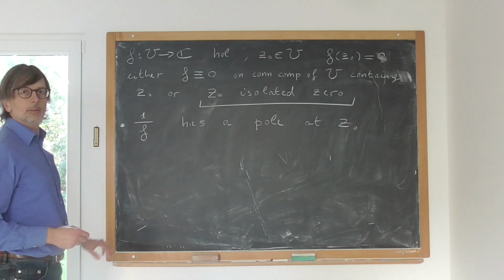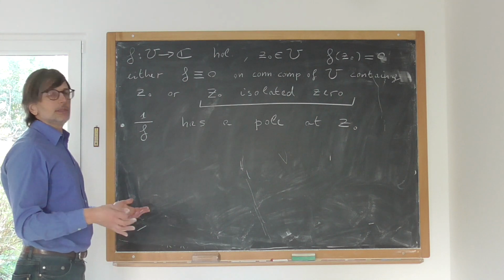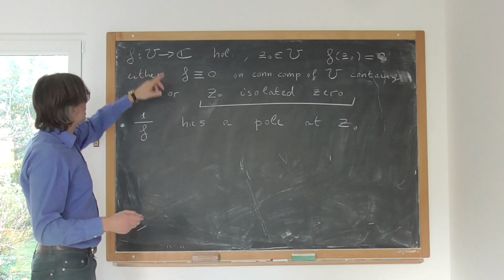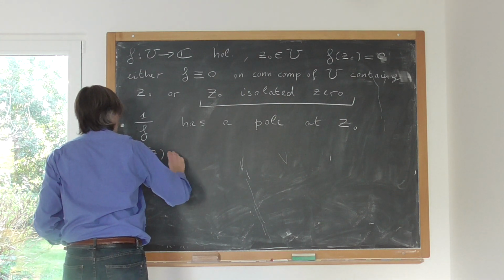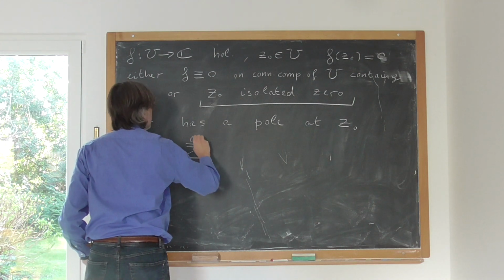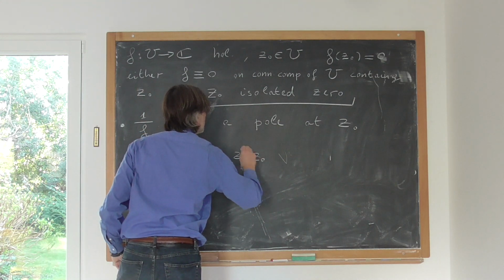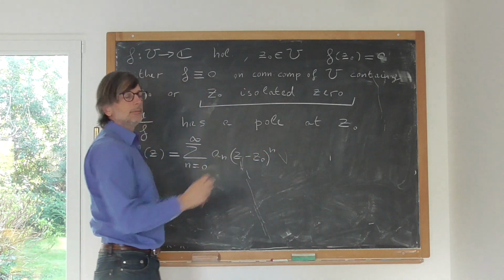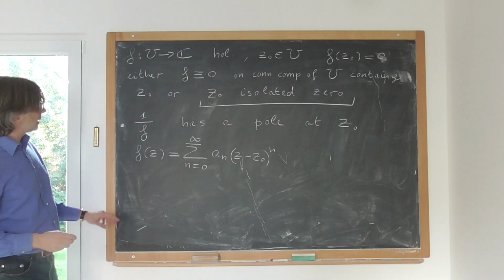So how does one prove this? We can use again the power series expansion of f. So f is a holomorphic function, so it has a power series expansion of the form f of z is the sum n goes from 0 to infinity, a n times z minus z naught to the power n, on some disk centered at z naught.